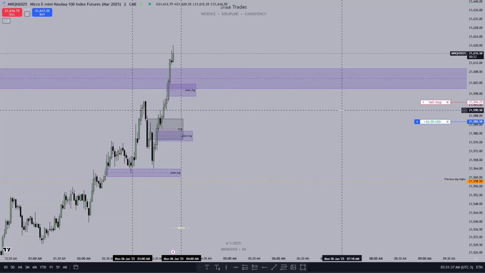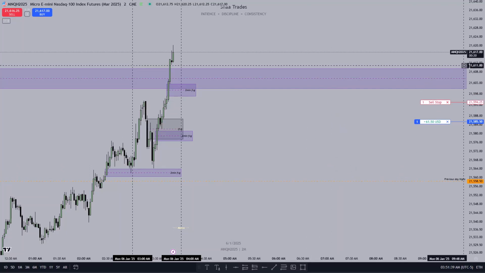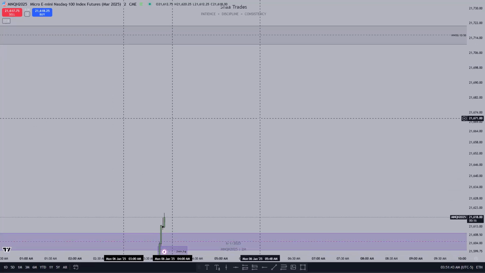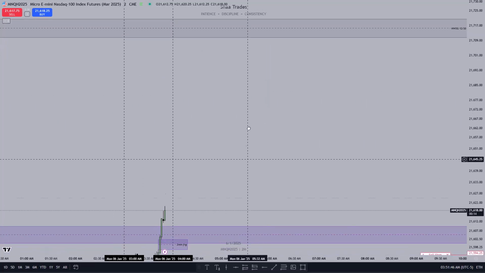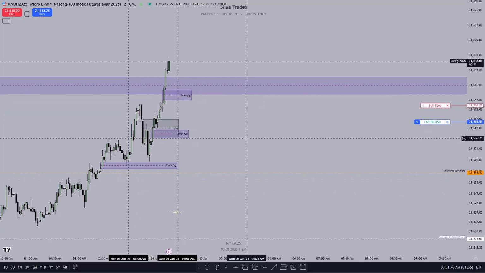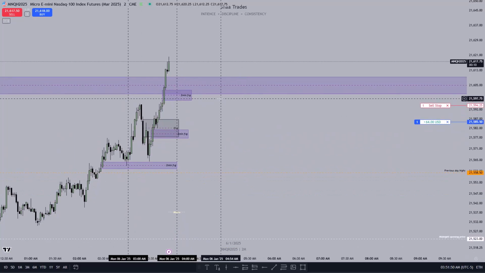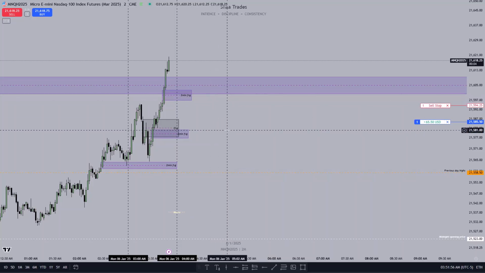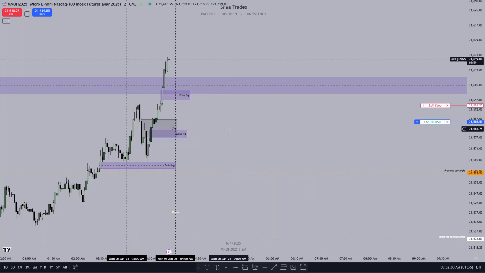So right now price is high, very high. Let's see if it wants to move towards there. We'll see how the other candles close, and that's going to let us know if we want to be in the trade anymore or not.